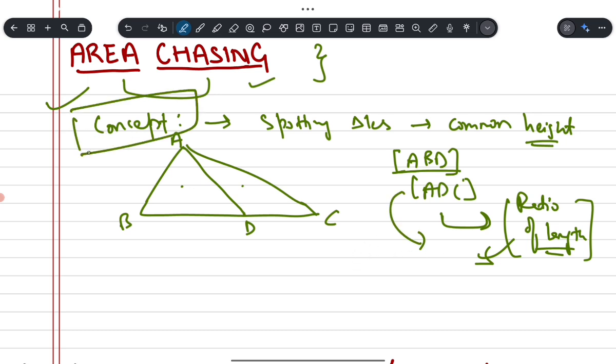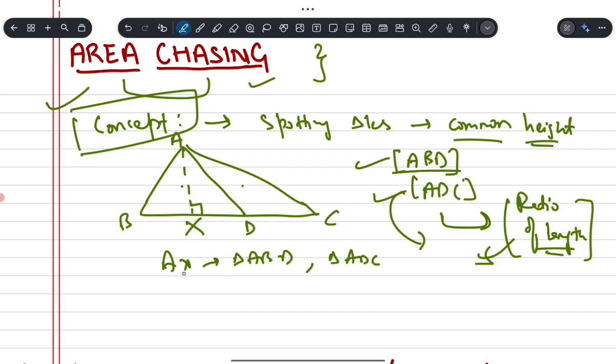How do we do this? This is the concept we use. We have to find triangles which have common height. Look at these two triangles, triangle ABD and triangle ADC, and look at this height. Let's call this AX. Is AX the height of triangle ABD and also of triangle ADC?